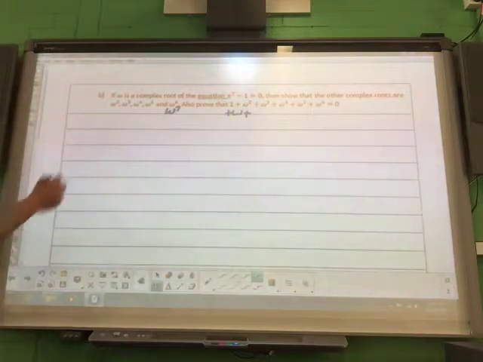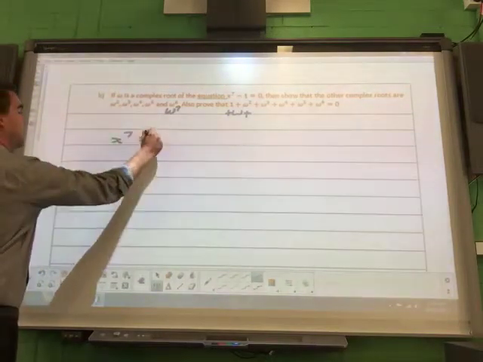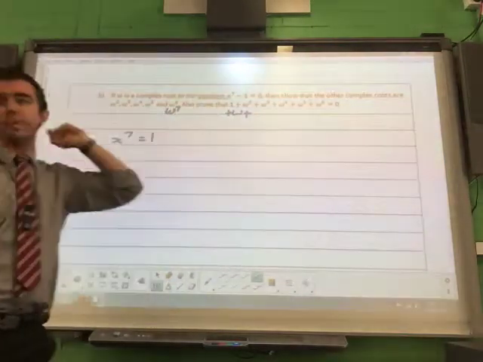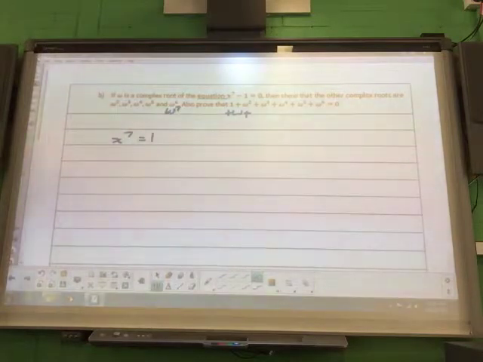Okay, so we have x to the power 7 is equal to 1 from the equation there. Just moving 1 to the other side because we're finding the seventh roots of unity.